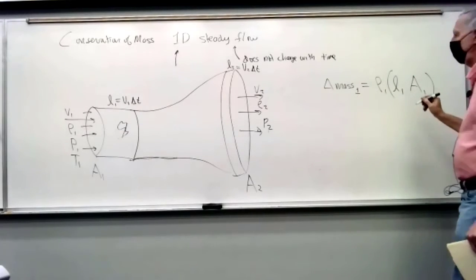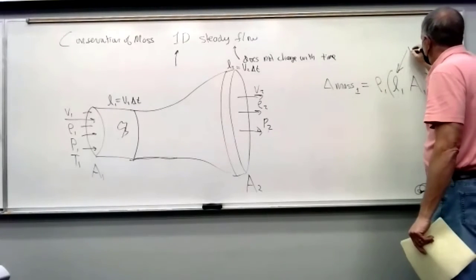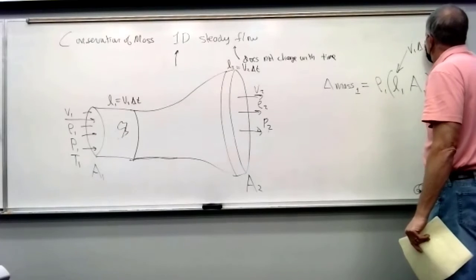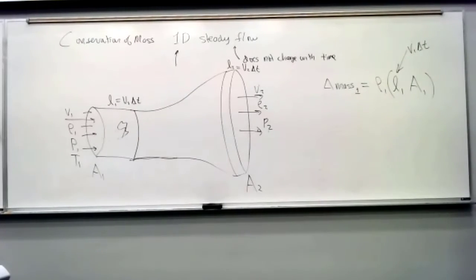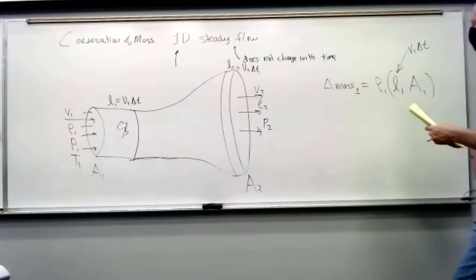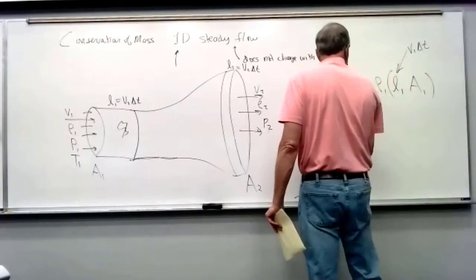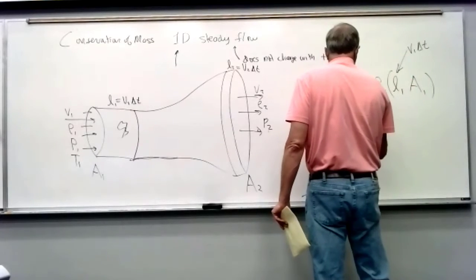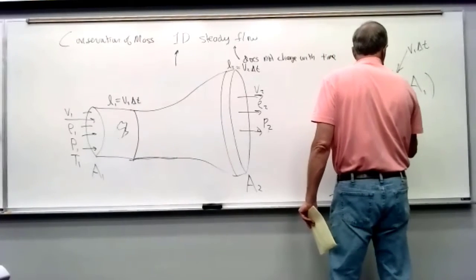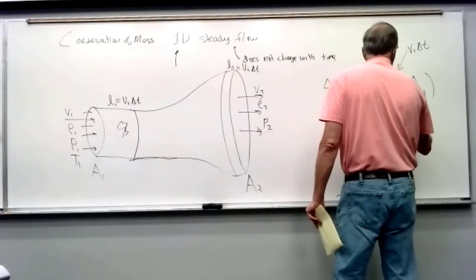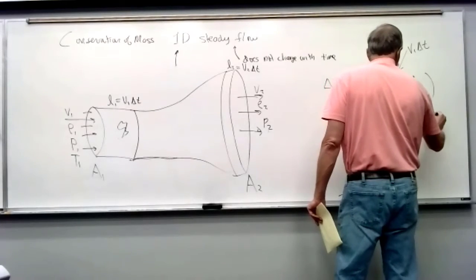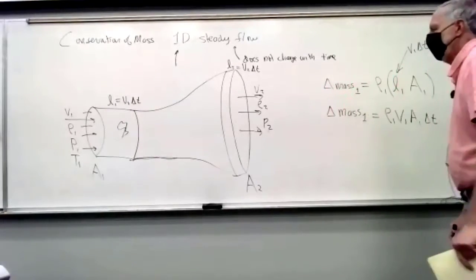And in delta t seconds, this much distance goes through. The flow goes from there to there because it's just velocity times time. So now we've written the mass in the left side as rho 1, v1, A1, delta t.